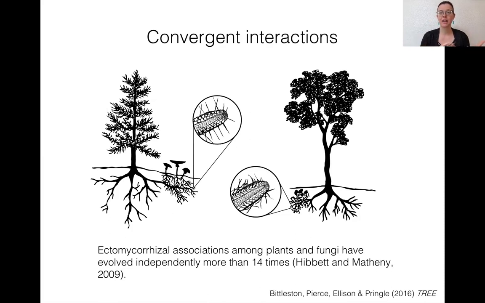And they exchange that to the plant for carbon that the plant has photosynthesized using its leaves. And this association has evolved independently more than 14 different times. And so it seems like it's a pretty good solution, both for plants and for fungi, for getting essential nutrients that they need to grow.